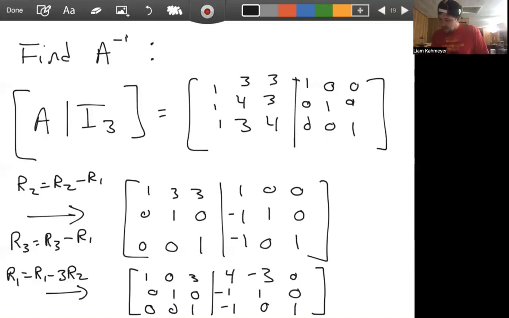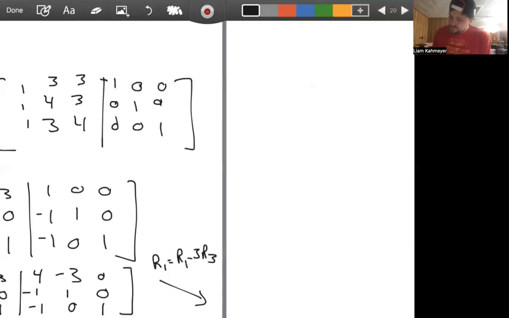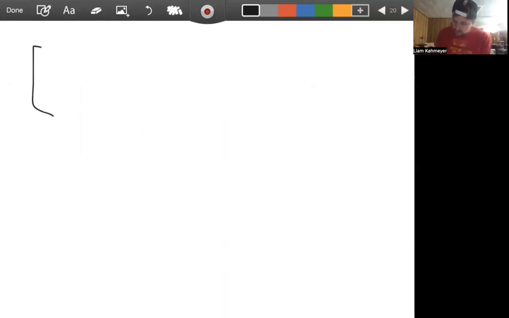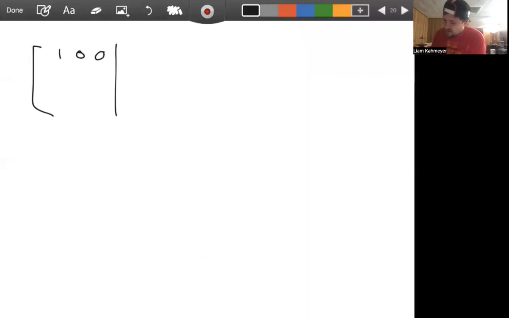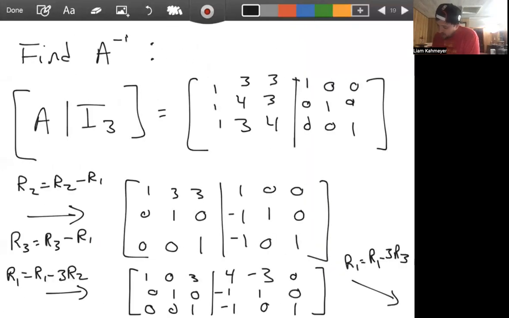Okay, then what did we do next? Next, we're going to take row 1 and replace it with row 1 minus 3 row 3. If we do that, we get 1, 0, 0. And then we're going to have 4 plus 3 is 7. Let's see. Sorry, this should be row 3, right?